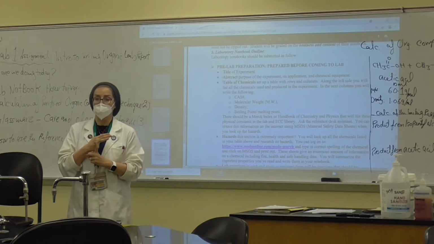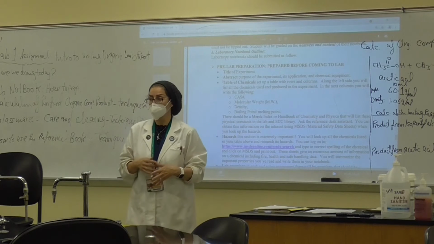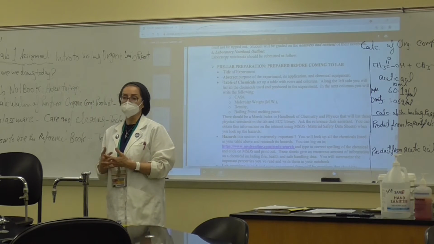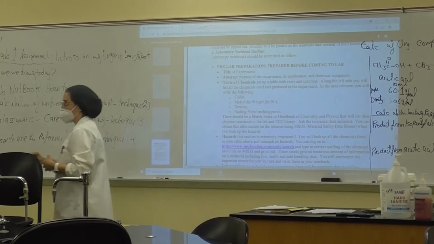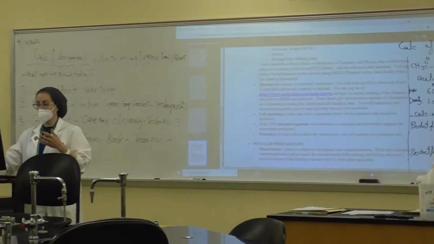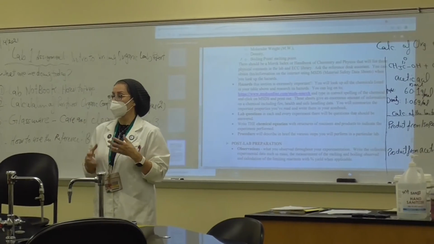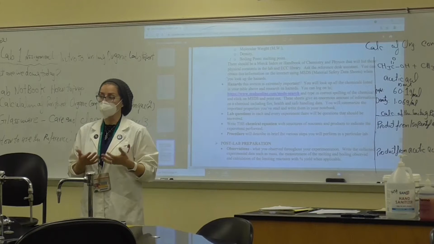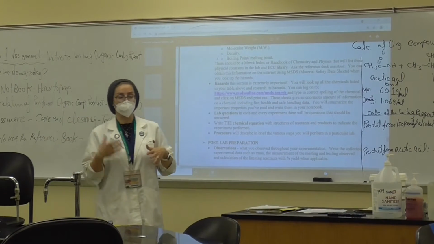You can always find this information in the books that we are going to review, or you can Google it, or go online with the link that I gave you. Hazards are very, very important because we want to know what we are dealing with before we even start. This is something that you can find from the link.